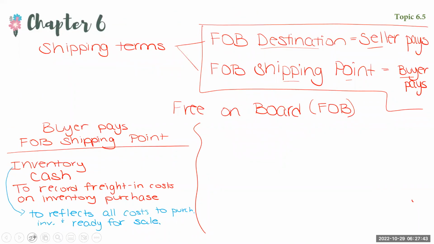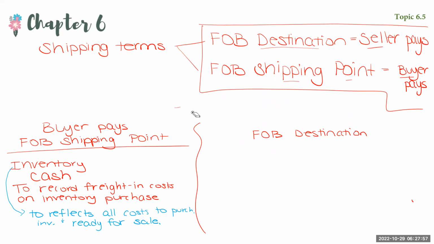All right, now let's look at FOB destination. So if the terms of our sale are FOB destination, that means the seller is going to pay. If they're paying, they have to do the journal entry on their books.